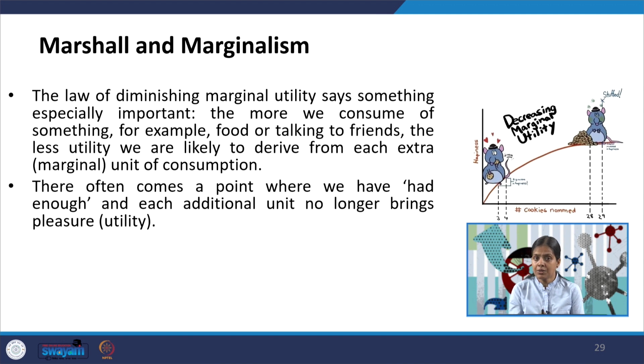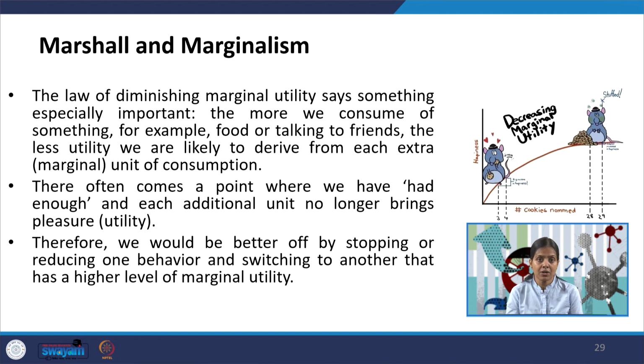There often comes a point where we have had enough, and each additional unit no longer brings pleasure, in the sense that if I am forced to eat another ice cream, then I might get some dissatisfaction, disutility out of it. Instead of having positive utility or pleasure, I will be in the negatives.